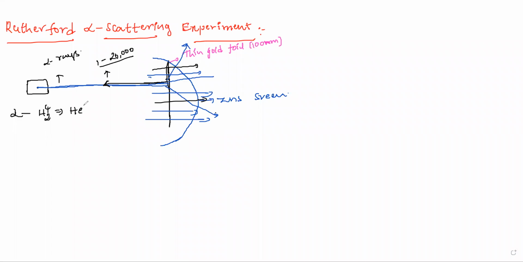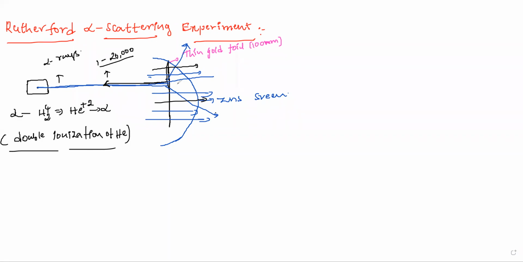So helium plus 2 is called alpha rays, meaning a double ionization particle. Helium actually contains 2 electrons; when these 2 electrons are removed, it produces alpha particles.